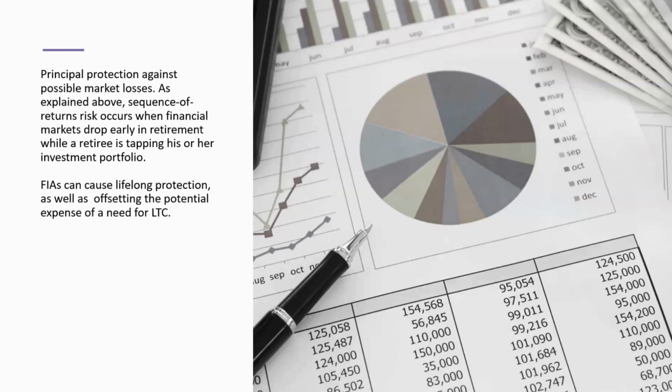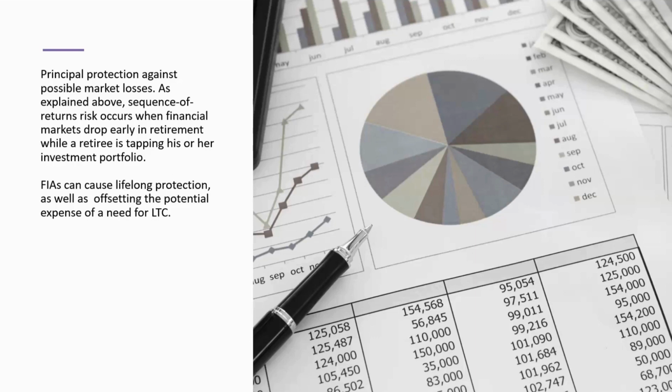So I looked at my buddy yesterday at 11:30 and I said, you know what? The way you got your money right now, you may wake up tomorrow morning and your principal might lose 20%, 30%, and your health might go down at the same time, and you're going to drain that account. But the account I'm telling you that you might want has principal protection against possible market losses.